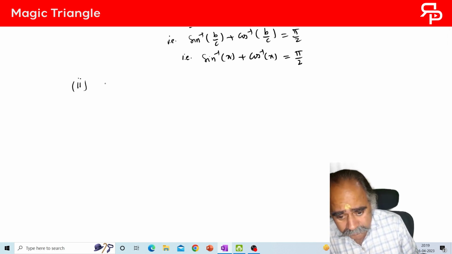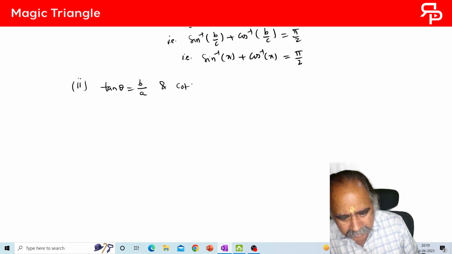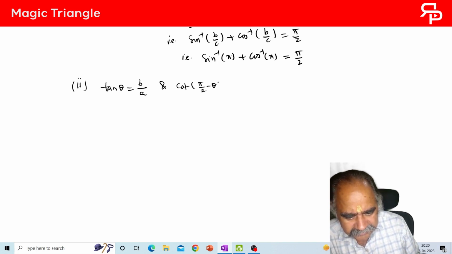Pi by 2. What is tan theta? Opposite side over adjacent side. Opposite side was B, adjacent side is A. And what is cot of pi by 2 minus theta? It is B by A only.